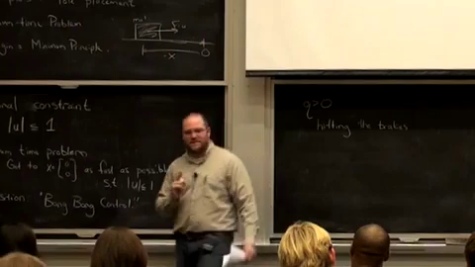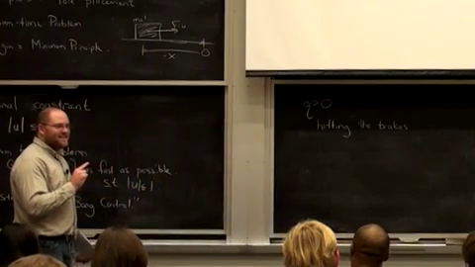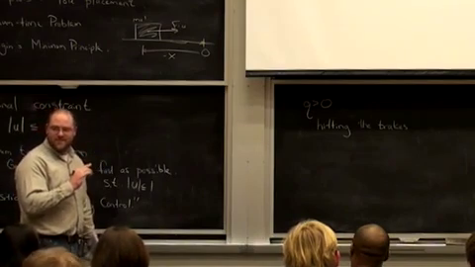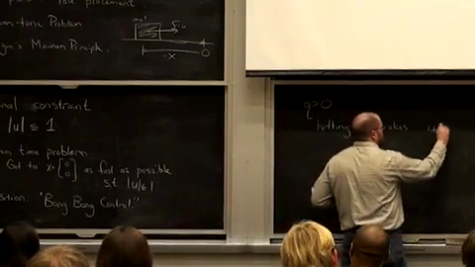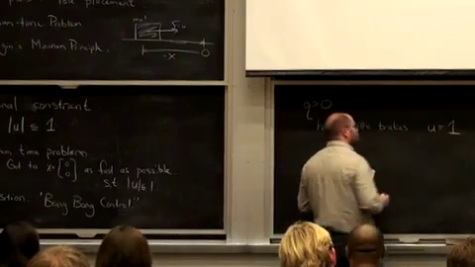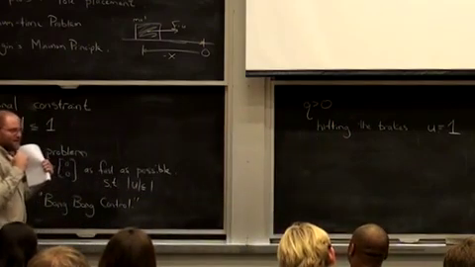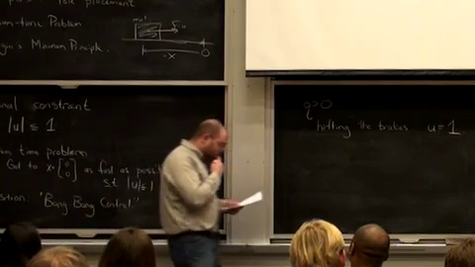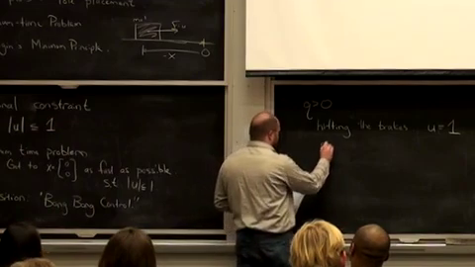Sorry, you almost got me. If Q is greater than 0, then U is positive 1. I want to be pushing back in the direction I'm already coming from. So U is positive 1. All right, now we're going to have some math ahead of us.